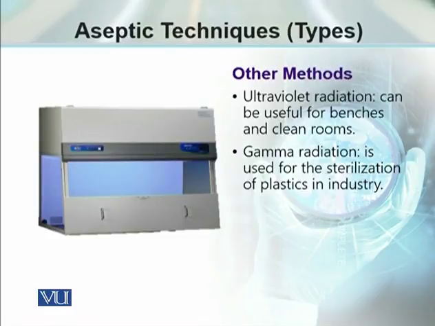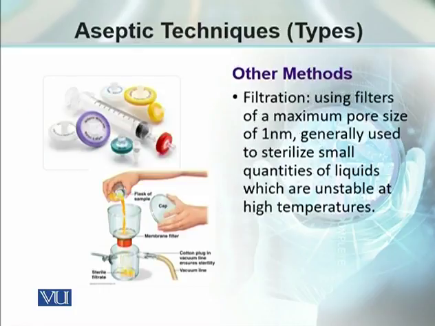Besides these chemicals, we have some radiations which can be used for sterilization, like UV light, like gamma rays. These radiations are most of the time installed in the big benches to kill the microorganisms and to ensure sterilized conditions.